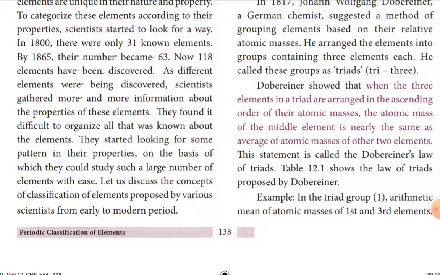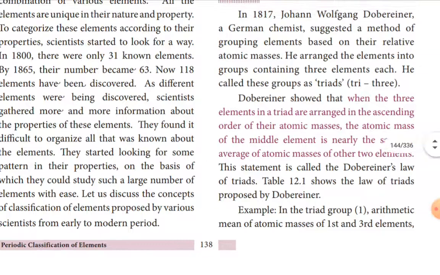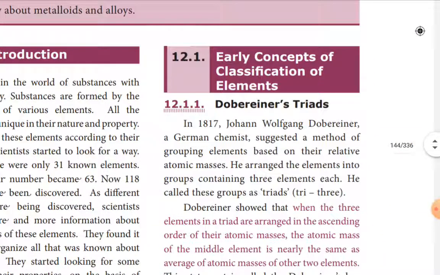Let us discuss the concept of classification of elements proposed by various scientists from early to modern period. How the scientists reached a certain order from the beginning, from the ancient time. Now we are going to study how the classification was done in the early days. See, early concept of classification of elements.